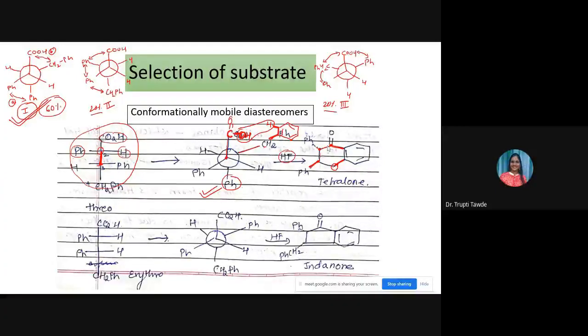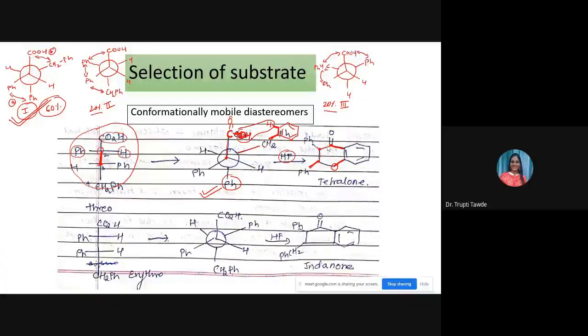So we are saying this product is formed because of this conformation only. Okay, so when your substrate is having a lot of conformations and they're very mobile, then we consider only the substrate having the highest population.